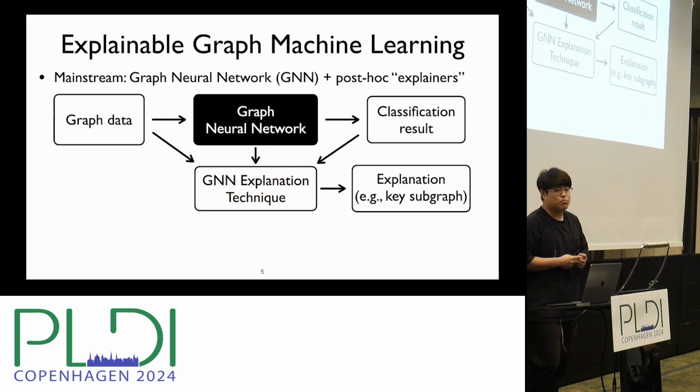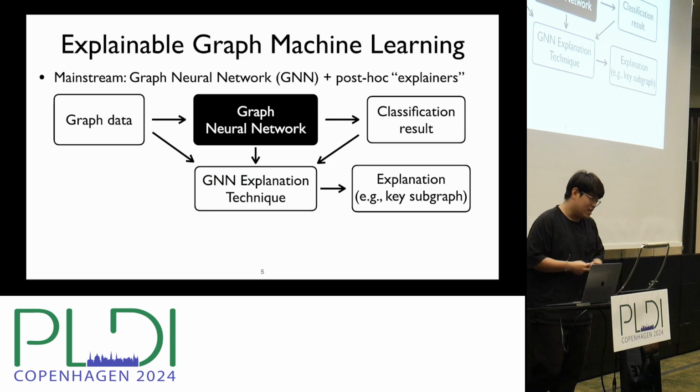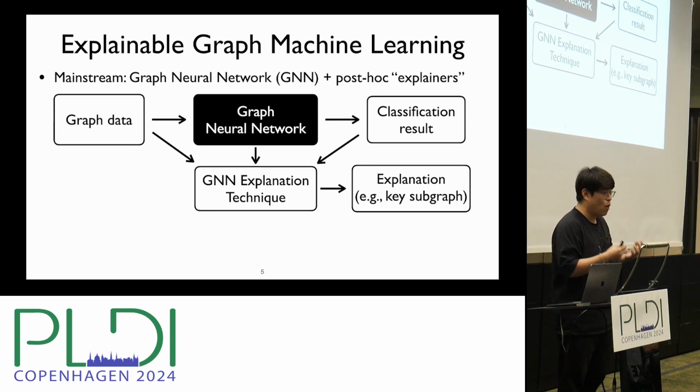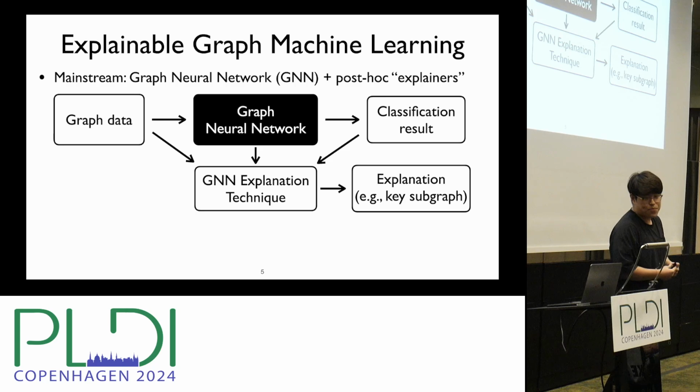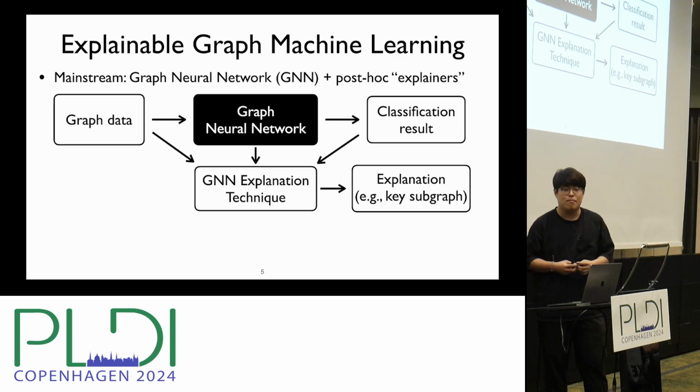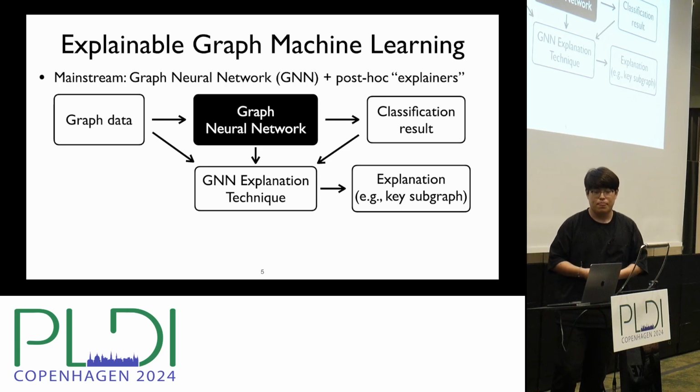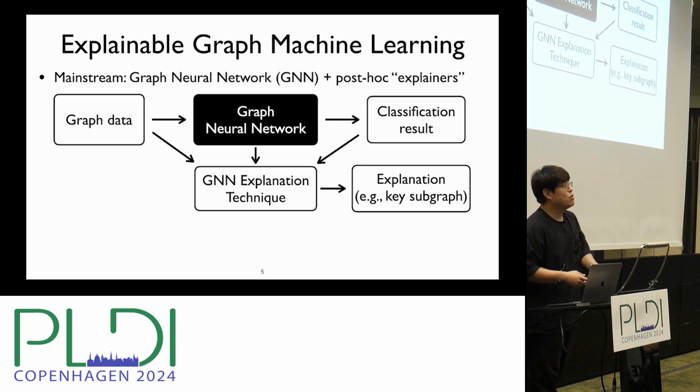To address this problem, many GNN explanation techniques have been proposed to provide explanations about the GNN's predictions. And the majority of them work in a similar way. After a model makes a prediction from graph data, the explanation technique takes the three components and produces explanations, usually a subgraph.